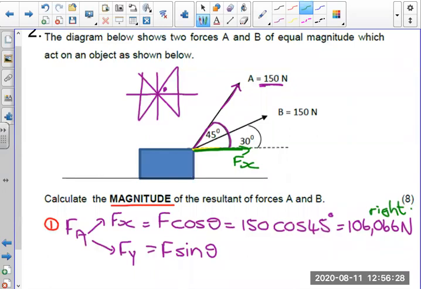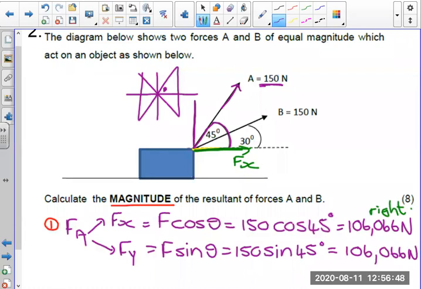Then the next one is 150 sine, and again 45. And when we work that out, we get the same answer, 106,066 newtons. And this would be the Y component, which is upwards. So let's just write there, upwards.